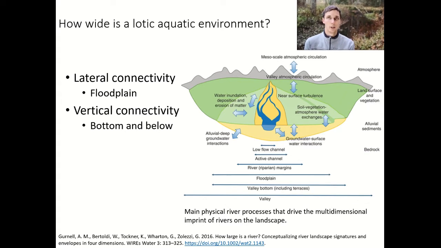Vertical connectivity, on the other hand, means how the river bottom is connected to the hyporheic zone that is below the riverbed. There are movements of different species in both of these directions. Nowadays, lateral and vertical connectivity can be hindered by human-made channelization, artificial riverbeds, or excessive fine sediment accumulation.